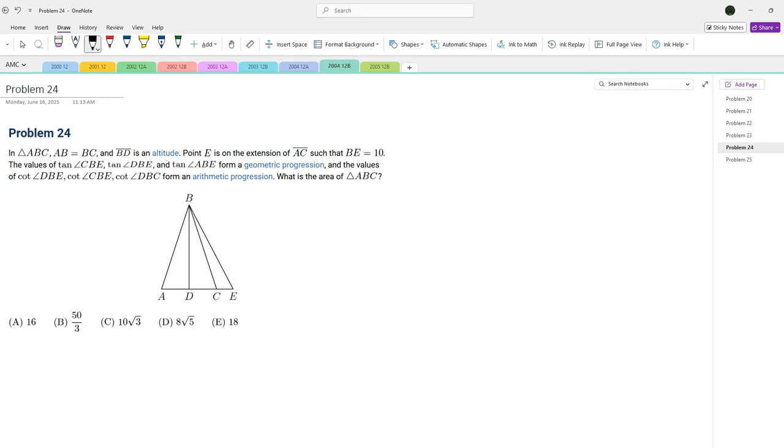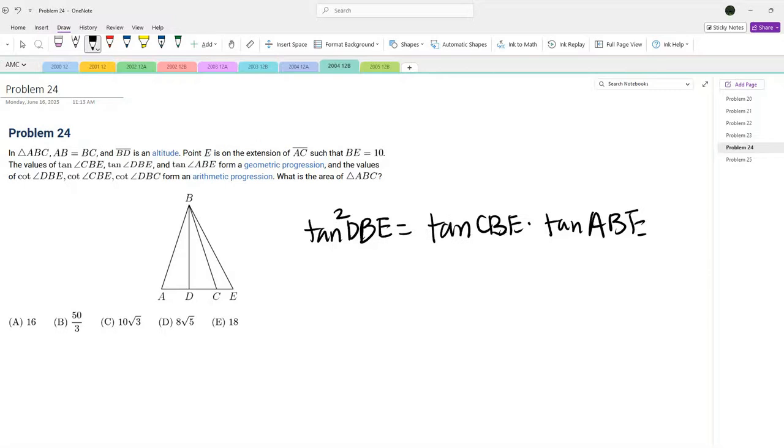So from this first piece of information about the geometric progression, we know that tan squared DBE is equal to tan CBE times tan ABE. And let's let DBC equal alpha, and we will proceed by substituting the angles in.